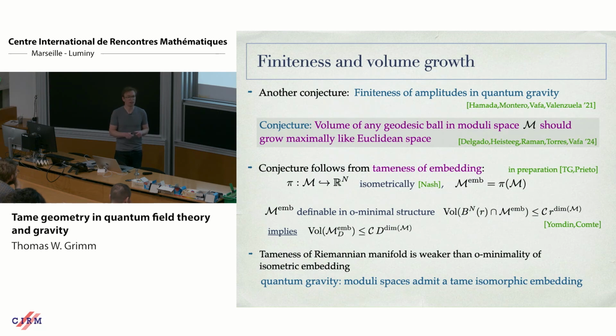To conclude, I wanted to present you some evidence that in quantum field theory, which is a very rich subject, and also in this way of thinking about quantum gravity, there are many interesting connections between tame geometry and physics that we can learn from each other a lot and inspire new ways of thinking about it.